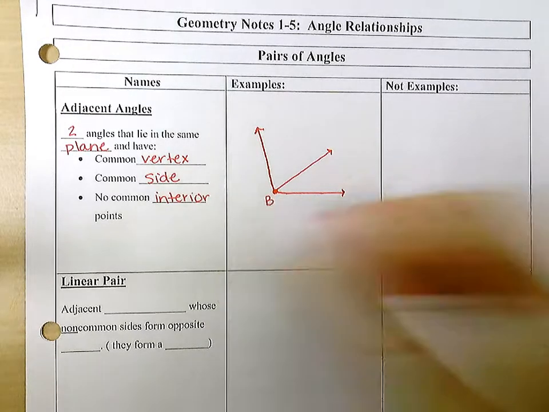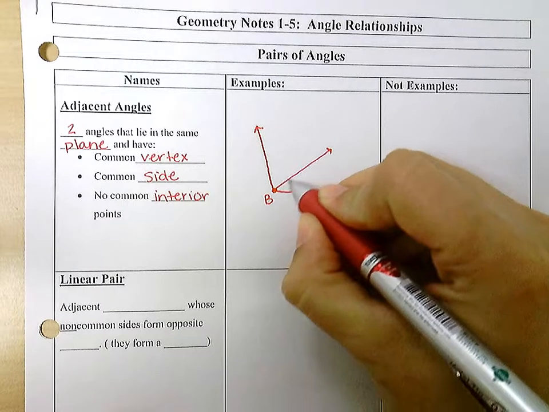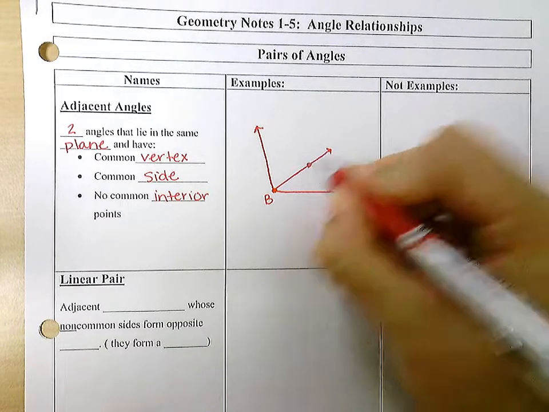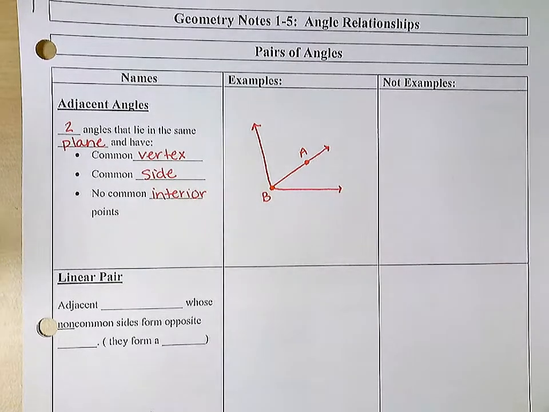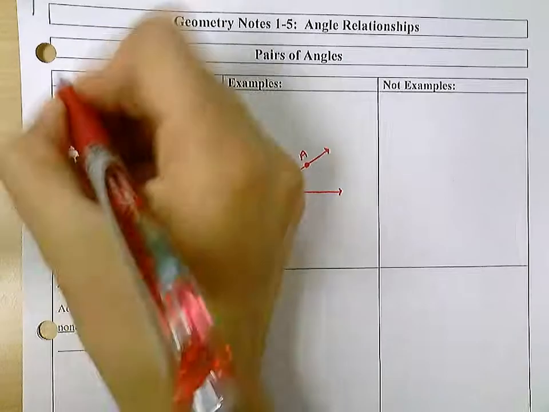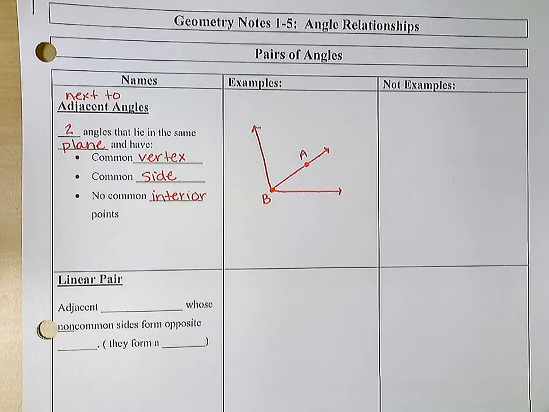I'll just call it vertex B. So they share vertex B. And they share this common side right here. If I put a point on that, so they share that ray BA. So your adjacent angles have to share that one ray. Do you see those? Yes, they're next to each other. So another word that I use for adjacent is next to. Okay, they're next to each other.